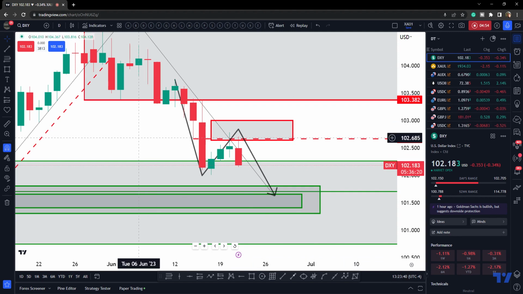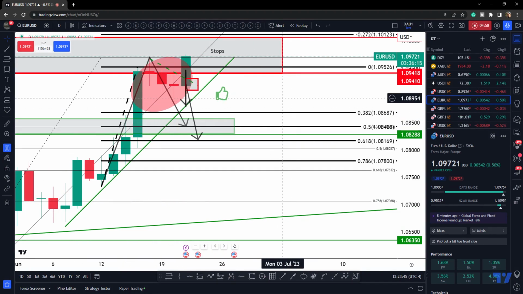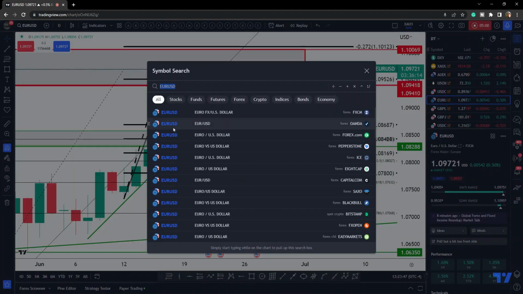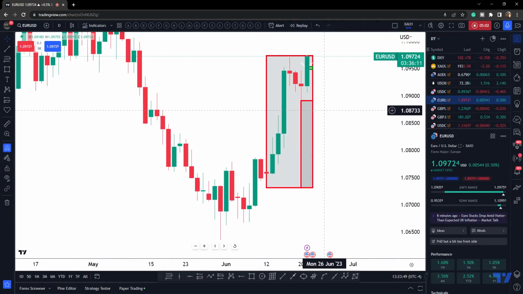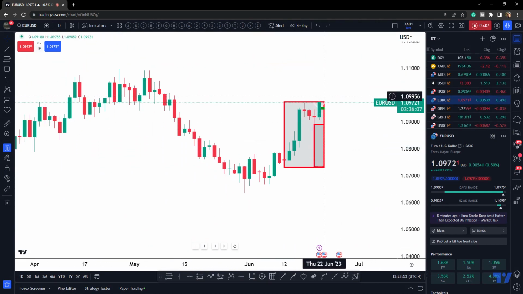But in terms of a session per session basis, there are going to be stops above here that the market can target.